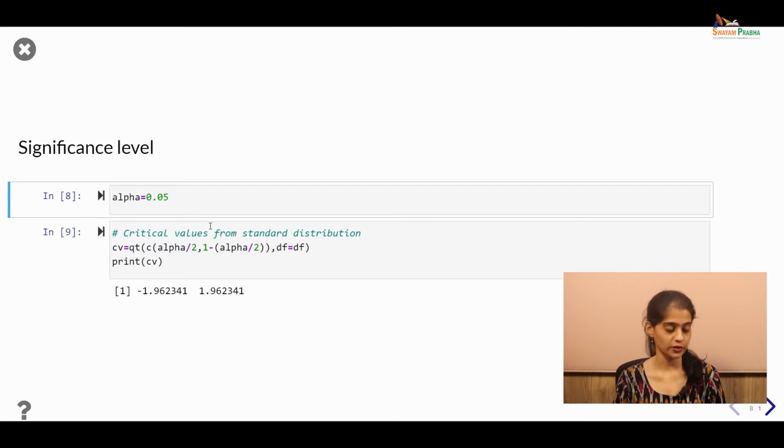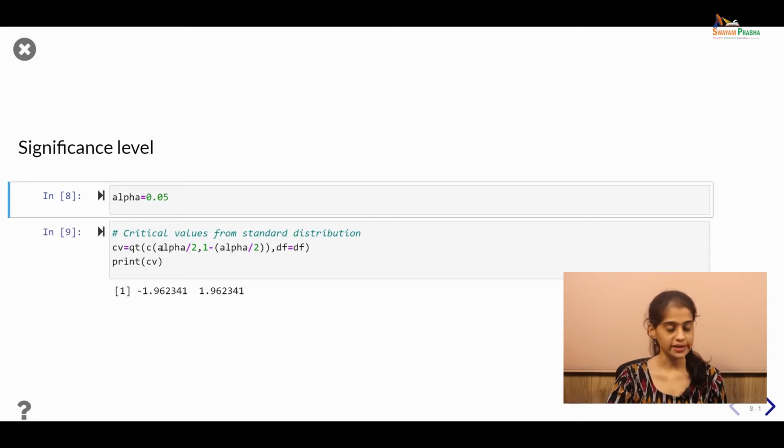This holds good for other kinds of hypotheses as well. Depending on the kind of hypothesis and the distribution that you are using, you're going to be deriving the critical values only from that particular distribution. So let's see how to compute the critical values here. qt is the function, t is an abbreviation for t distribution, and q means quantiles. You need to supply our significance levels here.